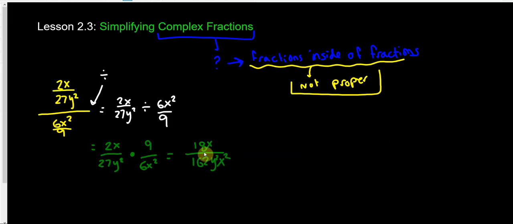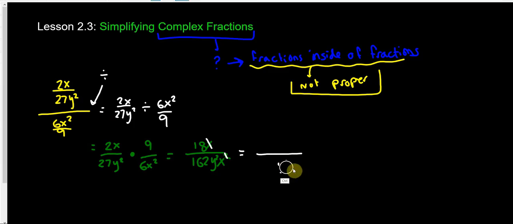All right, we did the job of getting it to look like a normal fraction, but now I have things I want to simplify. Well, the first obvious thing to me is I see x here and x squared, so this x can cancel with one of these. So I know on the bottom I'll have y squared x, or x y squared.